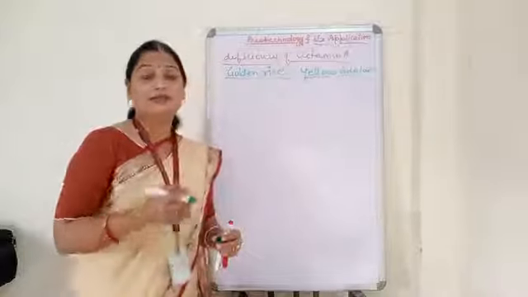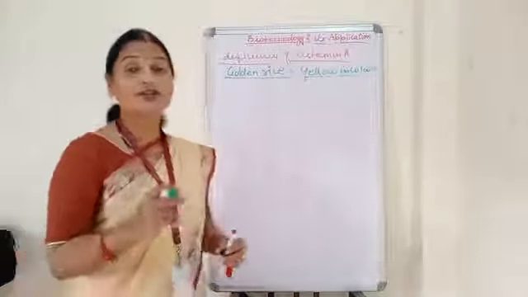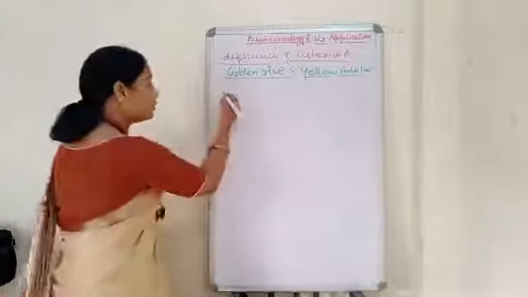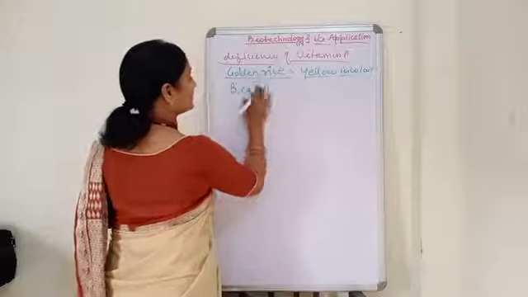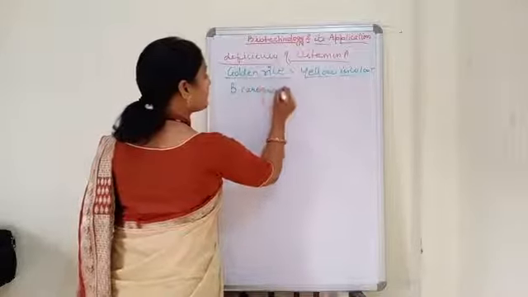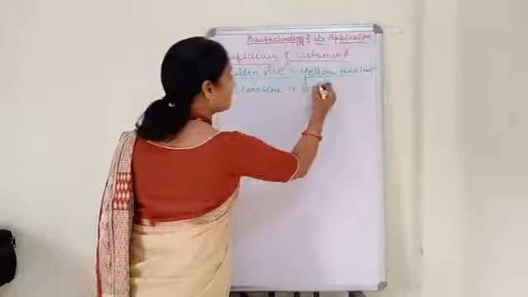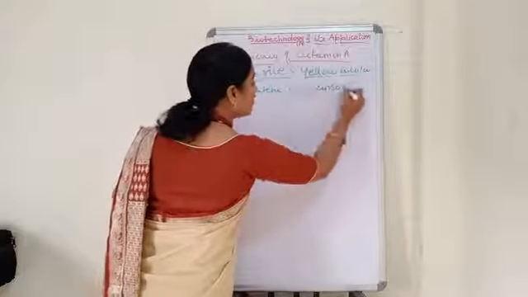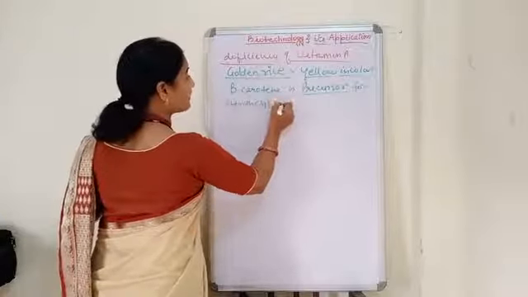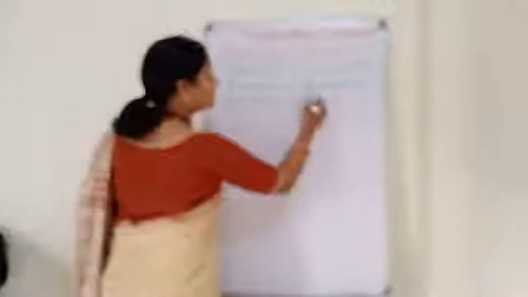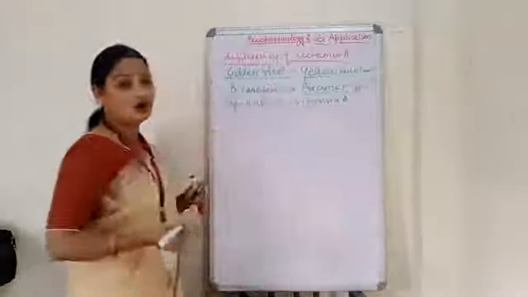We all know that beta carotene is a precursor, that is, a raw material for the synthesis of vitamin A. Now the concept must be clear to you all, children.